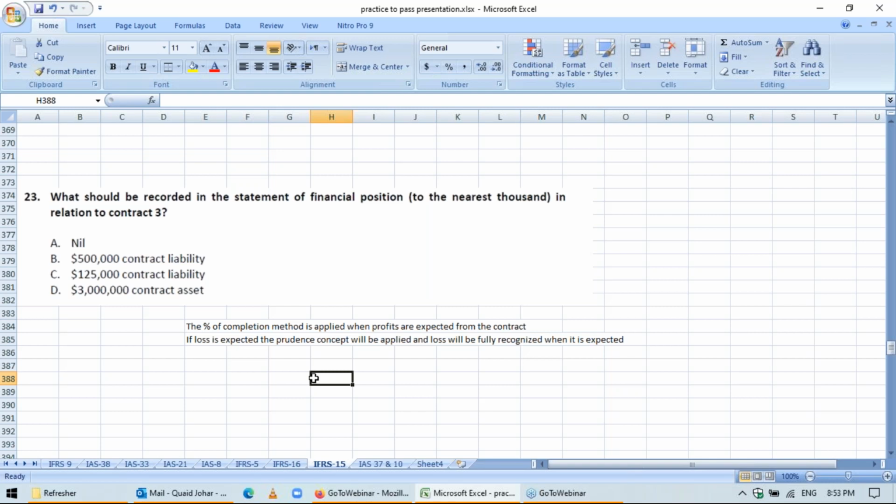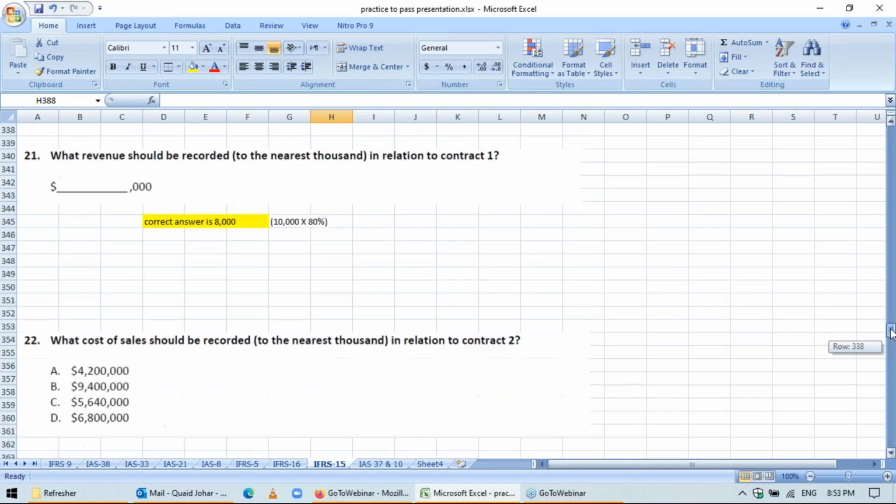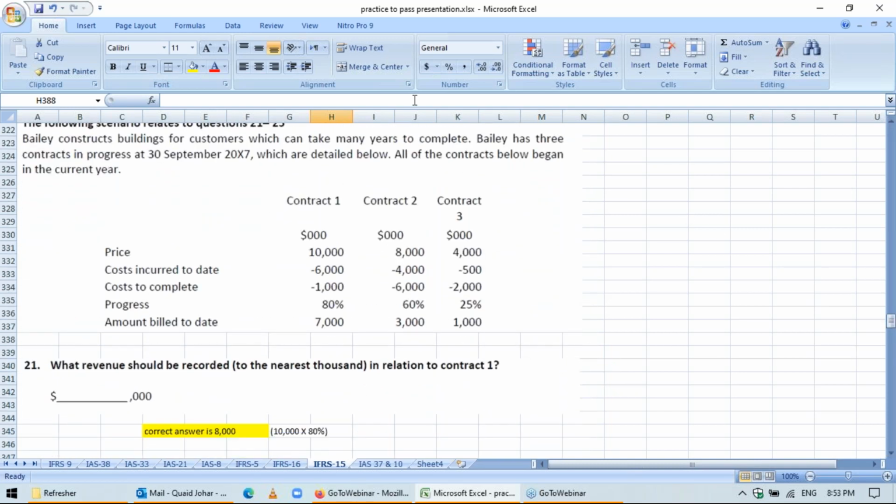Okay, so in this case, let me make you analyze the situation. Loss is expected in contract 2. Just check. In case of contract 2, what cost has been incurred till now? 4,000 has been incurred till now, and 6,000 is further to be incurred.